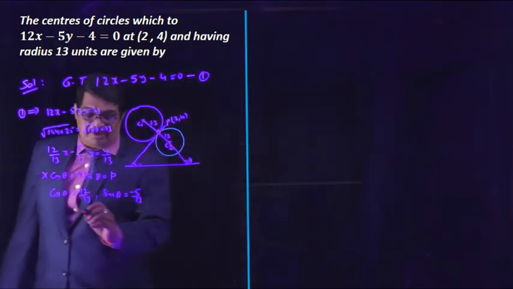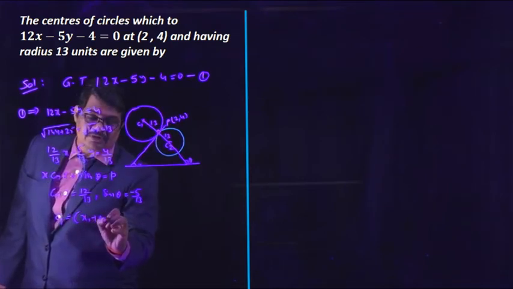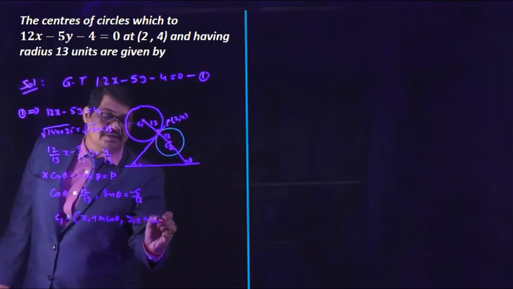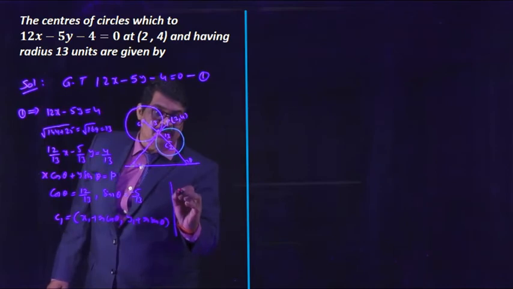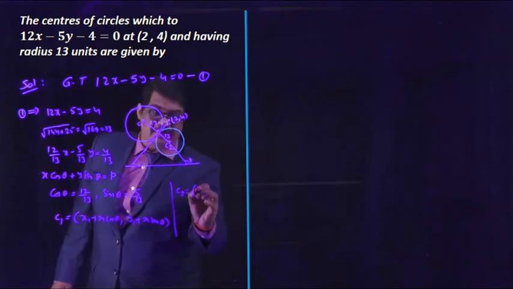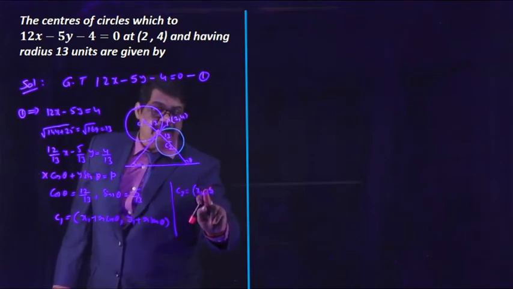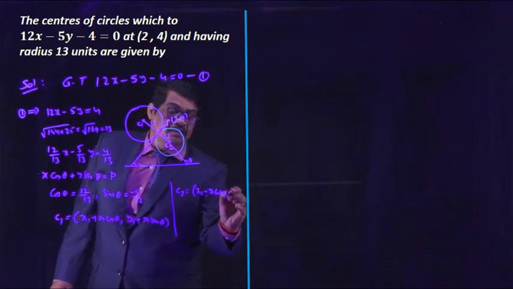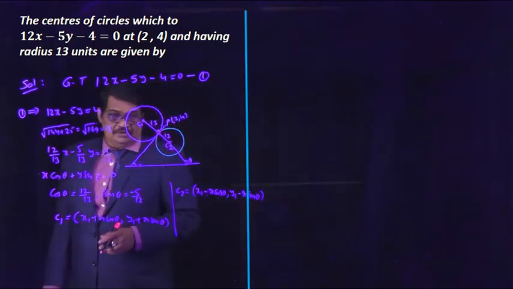C1 is (x1 plus r cos theta, y1 plus r sin theta), and C2 is (x1 minus r cos theta, y1 minus r sin theta). These are the centers.